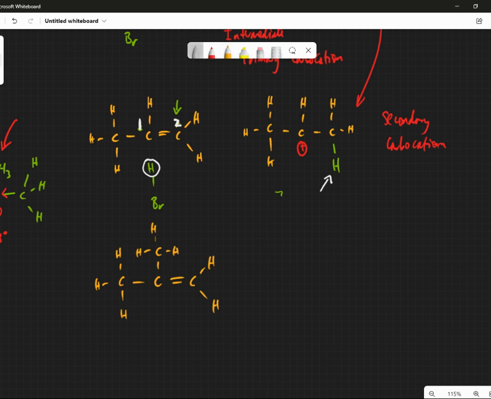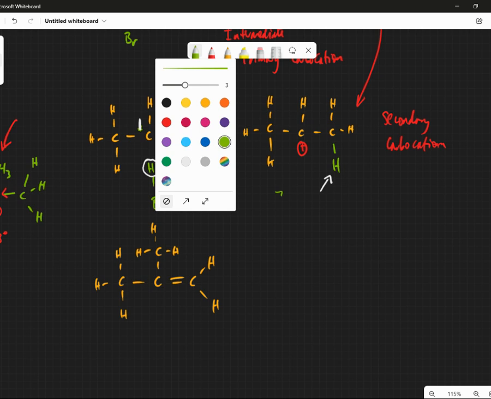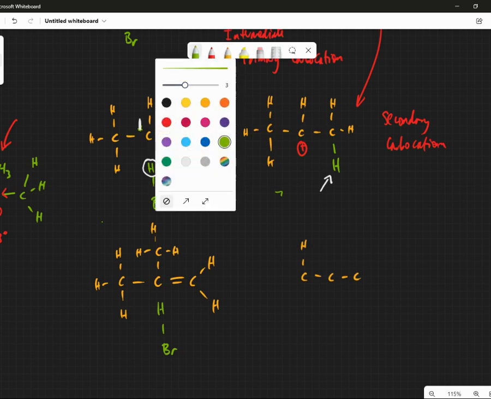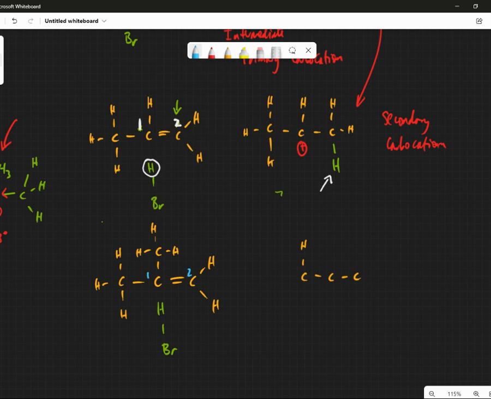Once again, the HBr comes up to the double bond. Which one is it going to attach to? Let me call them numbers so you can guess. It's got to be number one or number two.